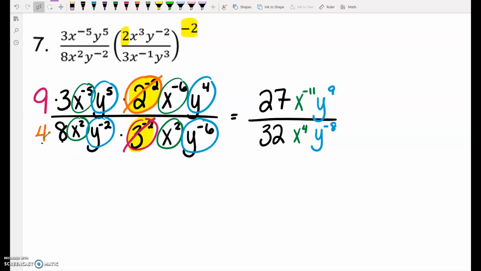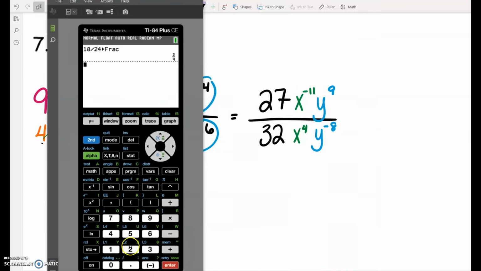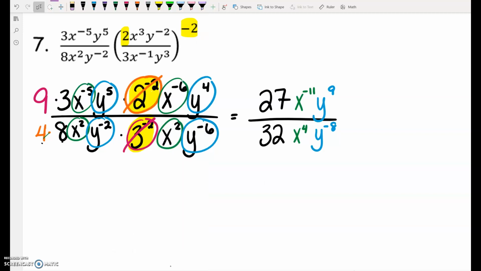If you like colored pens, highlighters or colored pencils, this is a great time to use them to visualize things and group things together. Okay, 27 over 32, I would use my calculator to simplify that. You could simplify it by hand. It doesn't simplify. It stays 27 over 32.